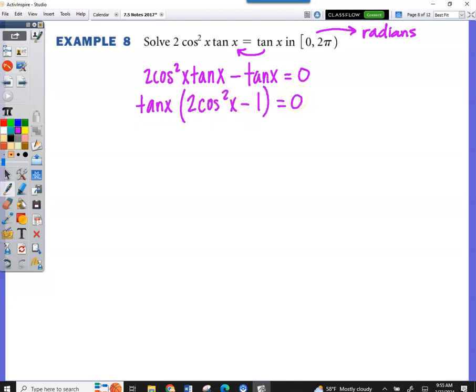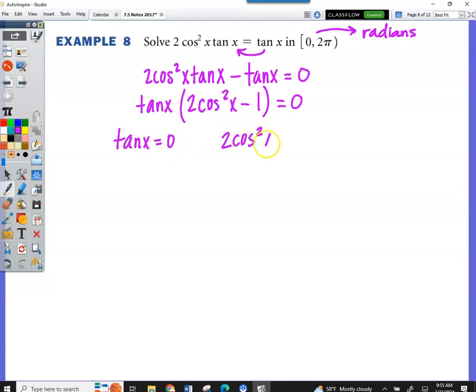And then now you've just rewritten it as something times something equals 0, which means one or both of those things has to be 0, which means now we can separate these and set them equal to 0 and solve.